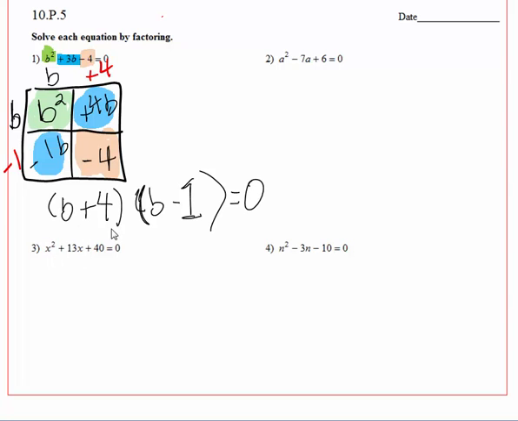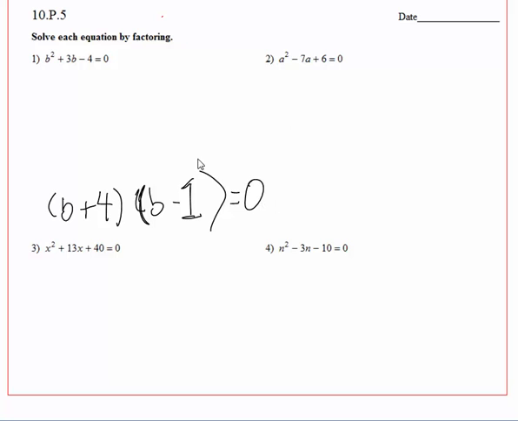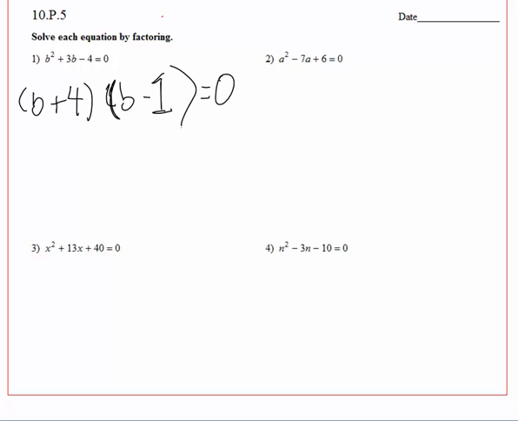This expression will factor to b plus 4 times b minus 1, that equals 0. Now, we want to solve for b.